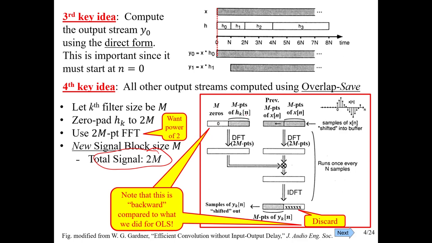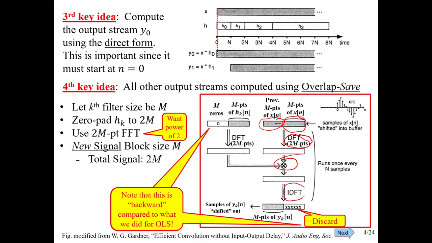So here's showing the pre-computed filter with the zeros padded at the front. That's backwards from what we did in the last set of notes and what most people do for overlap save. You put the zeros at the end, compute the DFT, but Gardner puts the zeros at the beginning. Then we take all of our signal samples, the new ones and the previous ones. We do a 2M point DFT. We form the product.